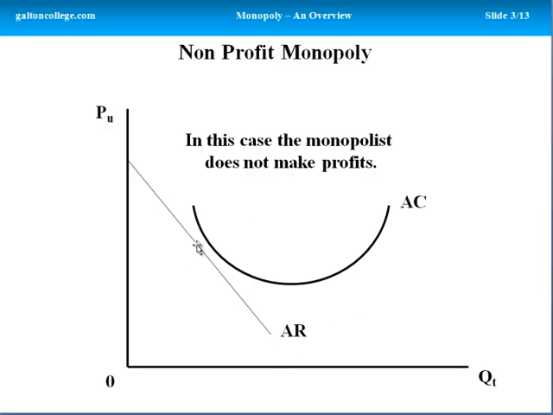Now you can see from this diagram that at any level of output, costs are greater than average revenue. So if you look at the diagram, at any level of output, costs are greater than revenue.